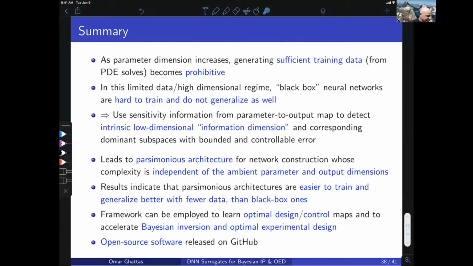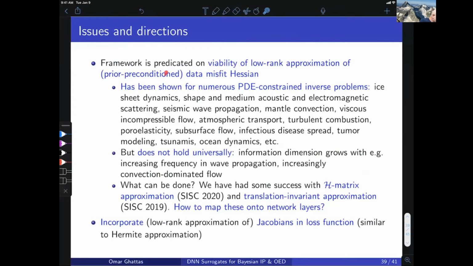However, and there's always a however, as I said, the framework is predicated on the viability of the low rank approximation to get you that first reduction. If we didn't do that first linear subspace reduction, if we just let the network figure everything out, let the K dimension be the reduction, the experience is that the optimizer, whether you're using the standard first order stochastic gradient descent Adam stuff, or our own custom second order Hessian accelerated stochastic Newton type methods, either of those you use, you get into trouble.